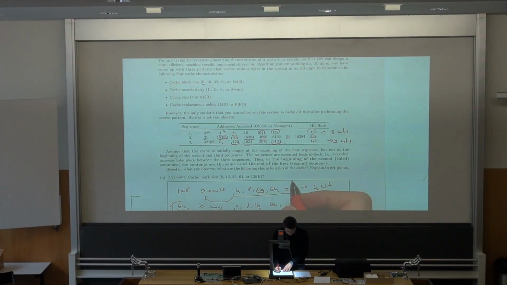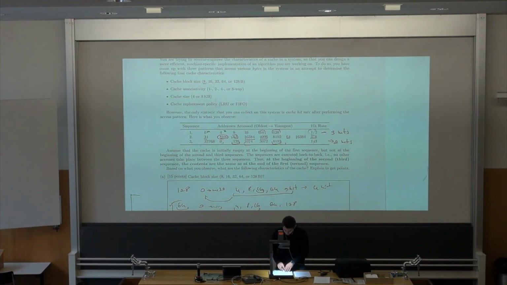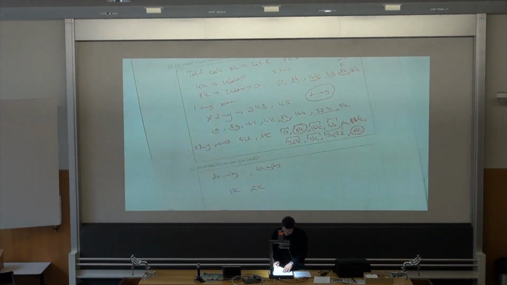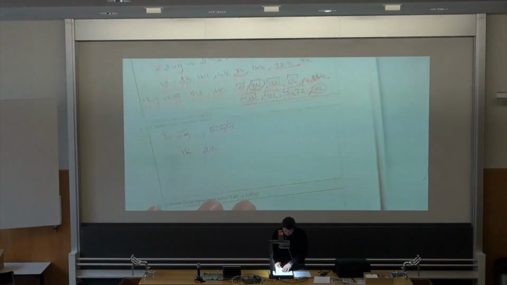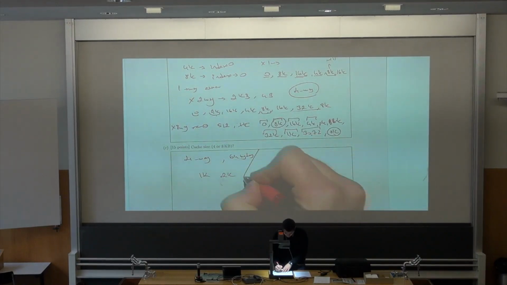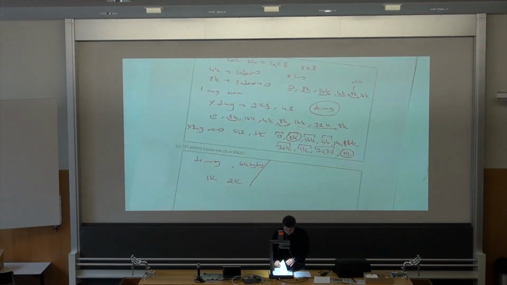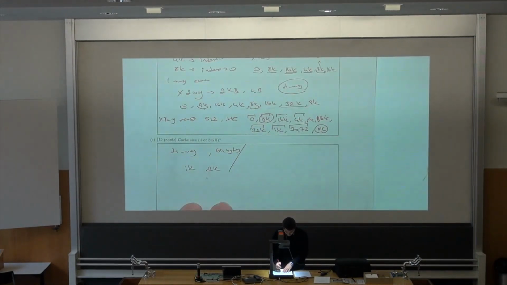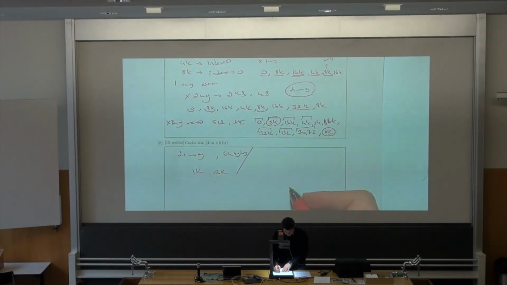So then what we need to do is basically consider all of the sequences, but we're going to focus on the third sequence. So let's again write down all the addresses that will map to index 0, which are basically the multiples of either 1K or 2K.